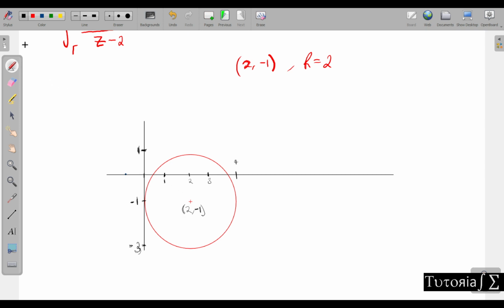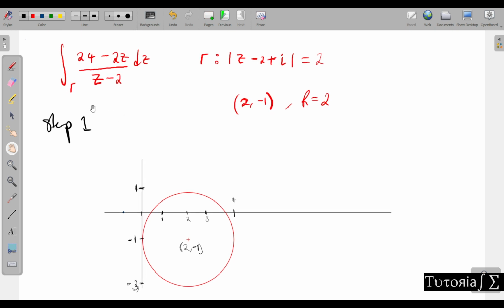So this is our first step: Step 1, sketch the region of integration. Then after you sketch the region of integration, you find the pole, or the point where the function is undefined.